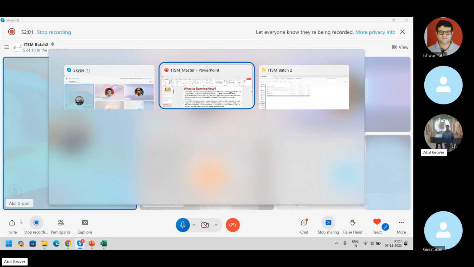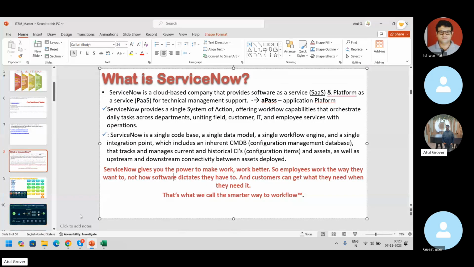Okay, let me brief these words in this manner. ServiceNow gives you, and one more thing, I put a disclaimer here. It is not a selling concept. It is just for educational purposes that I'm telling you these definitions. Okay, ServiceNow gives you the power to make work work better. Employees work the way they want, not how software dictates they have to.